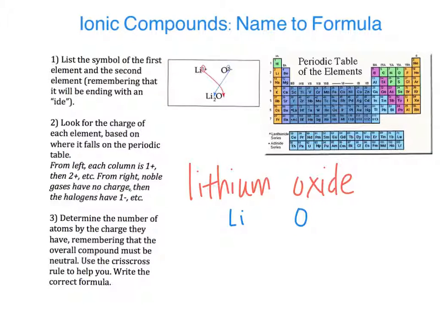Okay. The next step is kind of where it gets a little bit trickier. We need to look for the charge of each element based on where it falls in the periodic table. So the different elements in the periodic table will form different ions with different charges. And the chemical families, which are the groups up and down the columns of the periodic table, will form similarly charged ions.